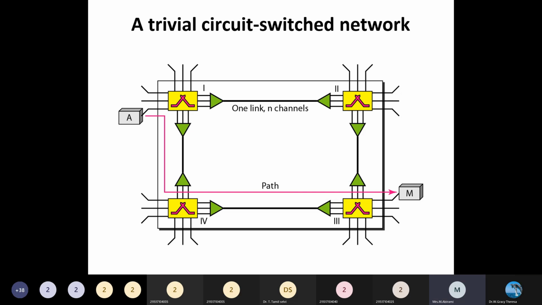In this four way network, take A and M, that is source to destination. In this system, each link is divided into n channels. If I take an example, it is directly connected to the switch.